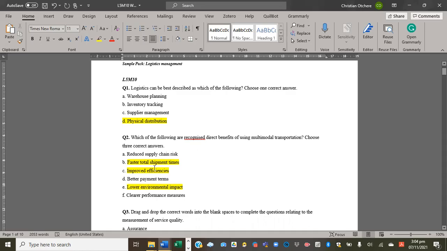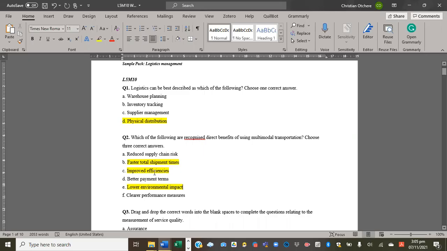Then improved efficiencies, which is straightforward. Then environmental impact is also minimal. Where they need to use a motorbike, they don't use a very big truck to do the movement. They also use transport optimization. So the vehicle routing problem, they use it to make sure you get the goods on time.